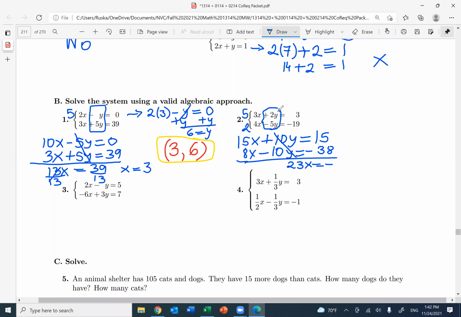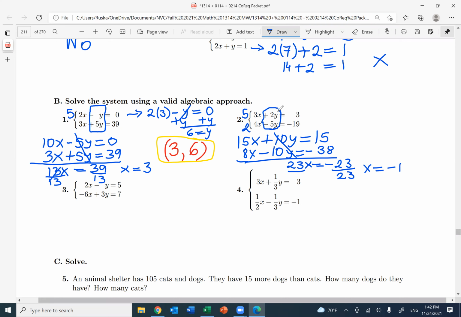We have negative, so it's just subtracting. 38 minus 15 is going to be 23, negative 23. Then dividing both sides by 23 gives me x equals negative 1. So I have x equals negative 1.